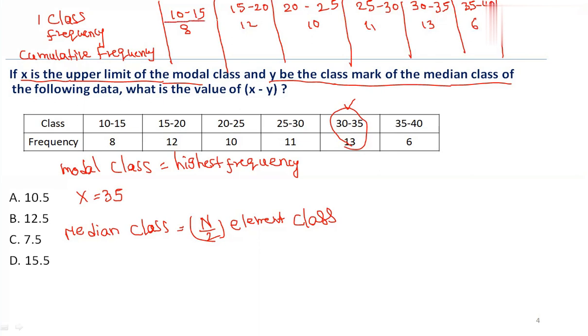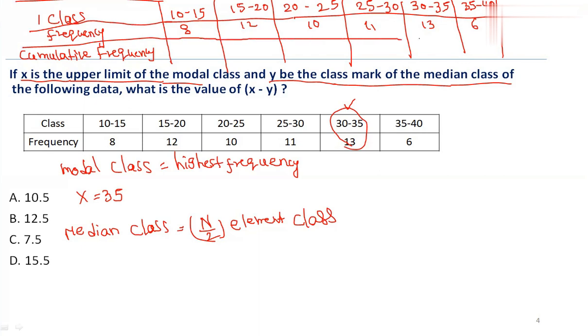So how do we find the cumulative frequency? Cumulative frequency is nothing but adding up the class frequencies. The first cumulative frequency is 8 only.